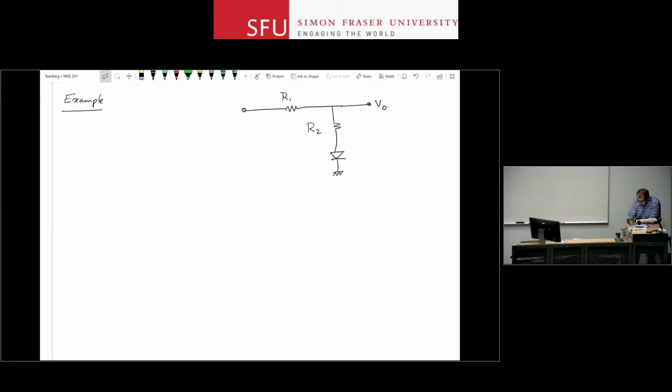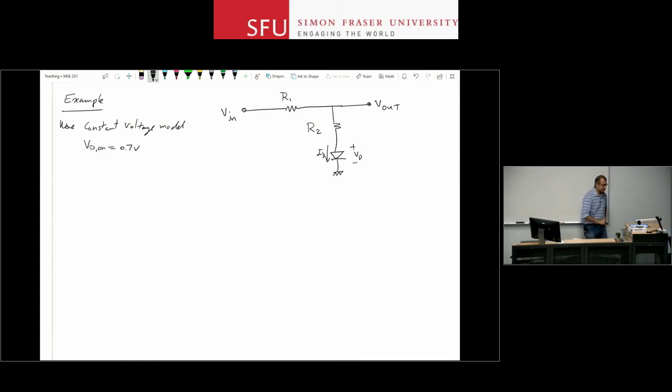This is V out that I'm after, V in. And the goal is to find the characteristic curve. Basically, assume V in is changing from a very large negative value to a very large positive value, and plot that input-output relationship. This is my diode. VD is like this, and ID is in that direction. Now, I'm going to use the constant voltage model, and assume that VD on is something, let's say 0.7 volts.